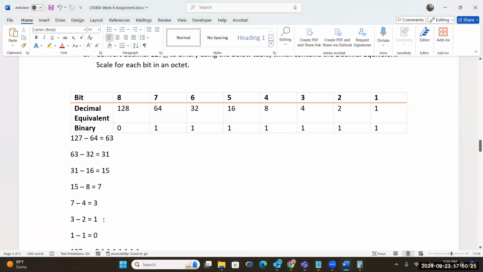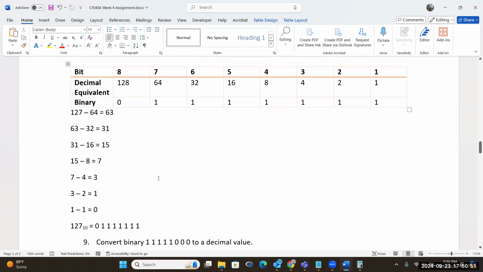And since I have 1 as a remainder, I have to keep going until there's nothing left, right? So 1, I go down the scale. The last one is 1. So 1 minus 1 is 0. So when you see the loopback address 127.0.0.1, you know that all the other bits are on except for the 8th bit. Okay. And there it is.